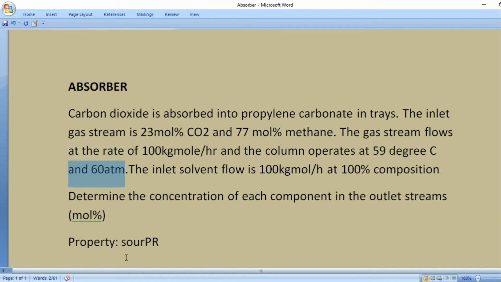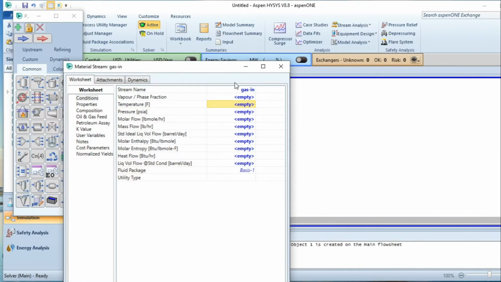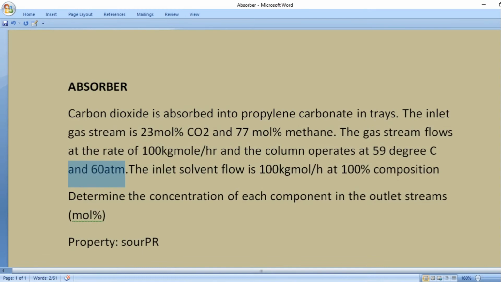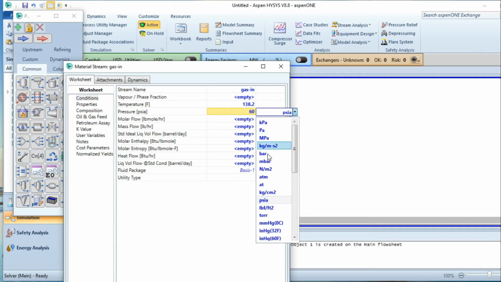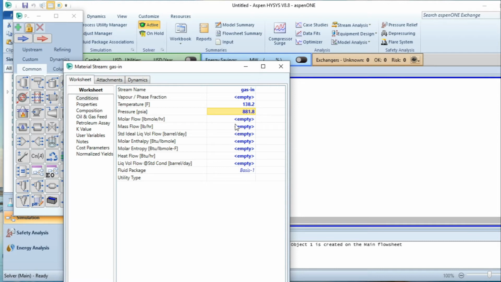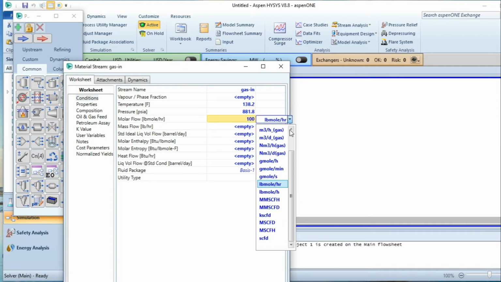Let's insert the parameters first. I have 59 degrees Celsius, a pressure of 60 atm, and the flow rate is 100 kg per hour. The unit has to be consistent.